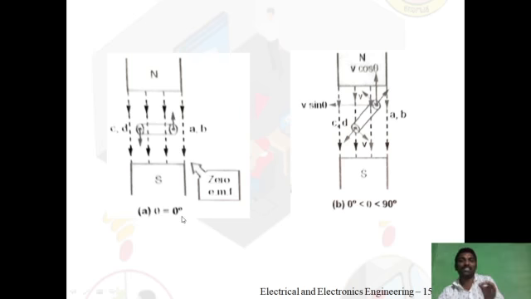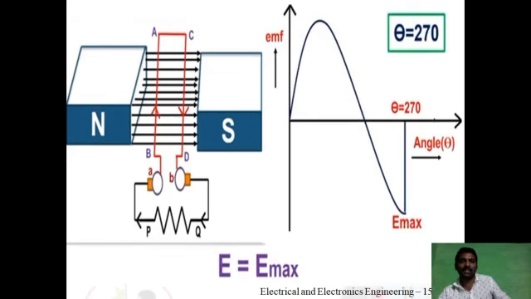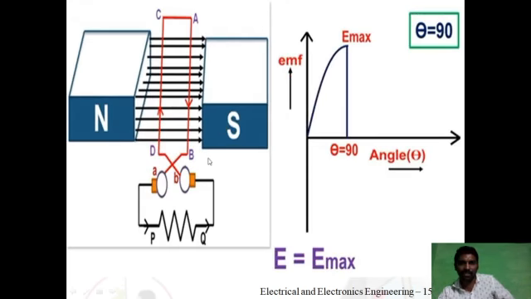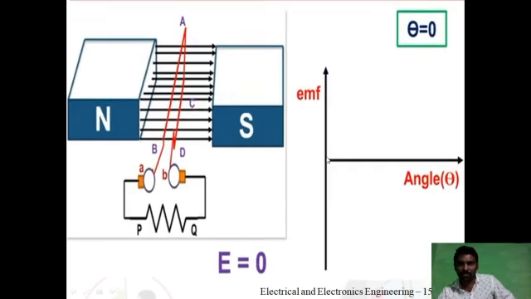Therefore, the flux is not cut by the conductor. If you observe, at theta is equal to 0, the components of velocity does not cut any magnetic lines of flux. Therefore, what is the EMF induced? EMF induced is 0. According to Faraday's laws, whenever there is a change of flux, whenever the flux cuts the conductor, at that time the EMF is induced in the conductor.